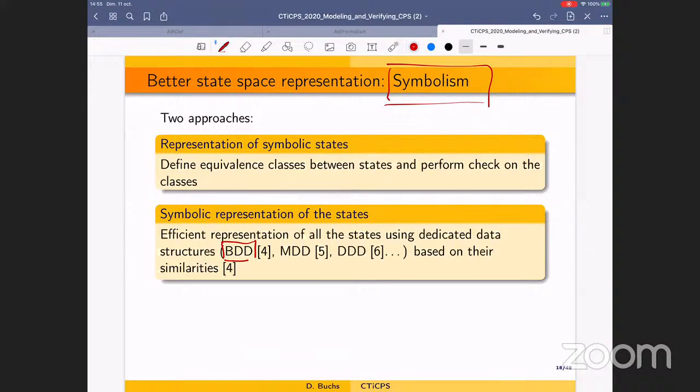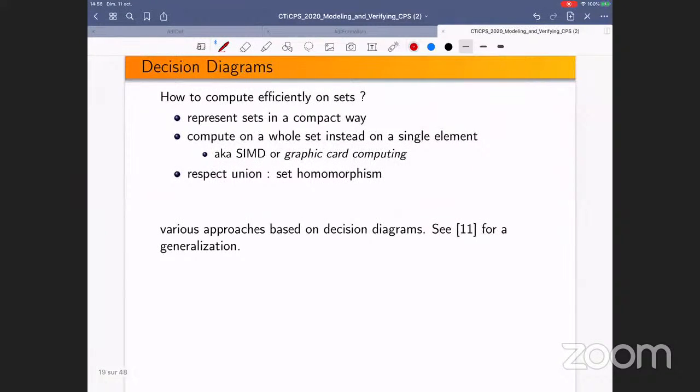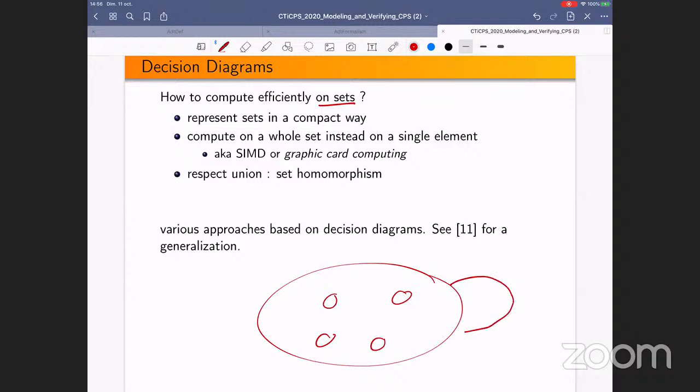in symbolic approaches. So the main idea of decision diagrams is, instead of representing states one after one, to represent sets of states. So if I'm able to represent a set of states, and ideally I am able to perform an operation that I will call a homomorphism, I'm able to transform this set globally into another set.